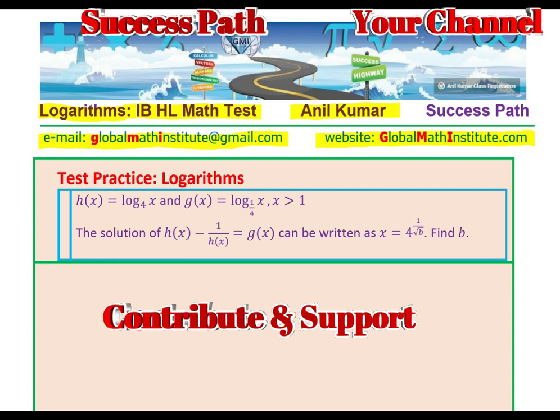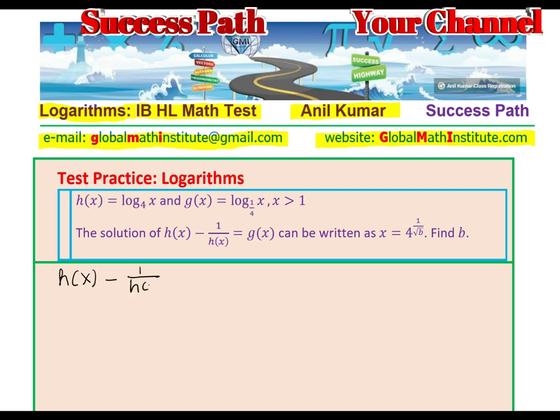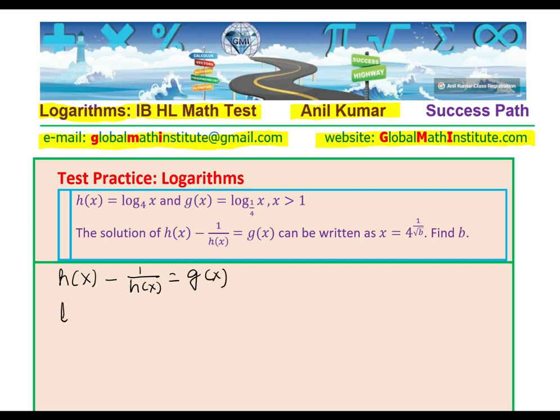It says, solution of h of x minus 1 over h of x is equal to g of x. H of x is given to us as log to the base 4 of x. 1 over h of x will be 1 over log to the base 4 of x. G of x is log to the base 1 over 4 of x, correct?